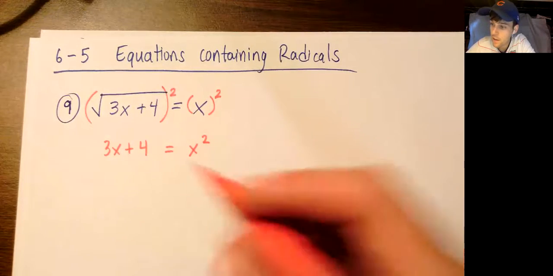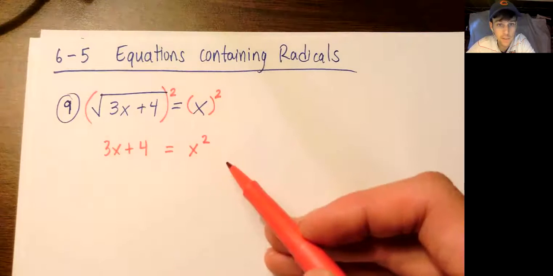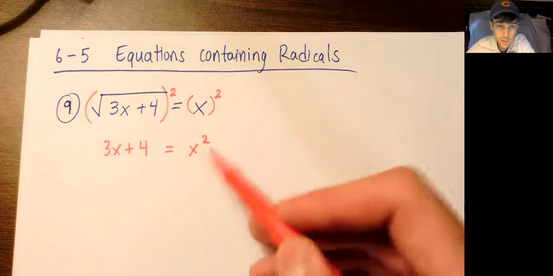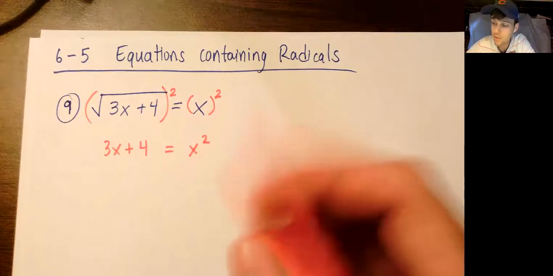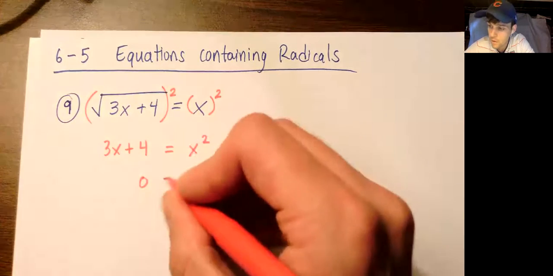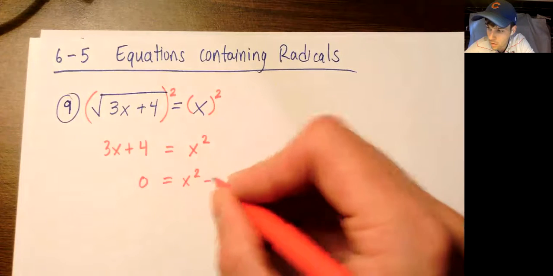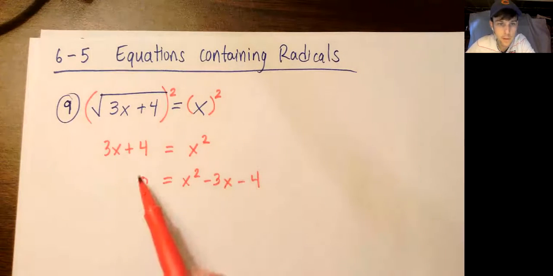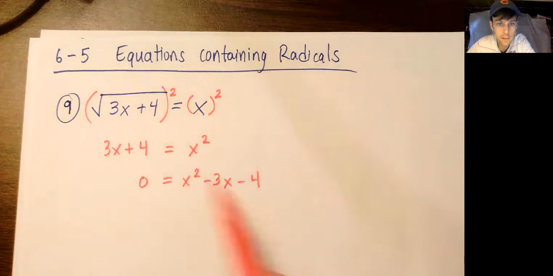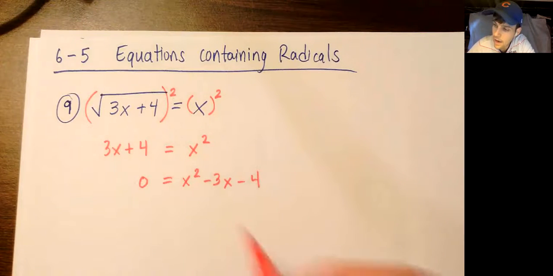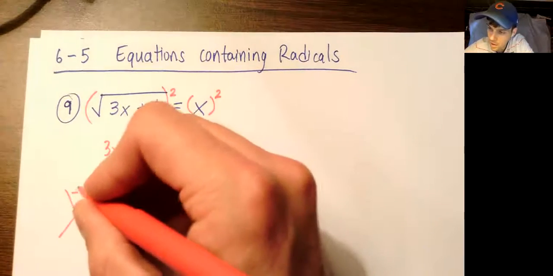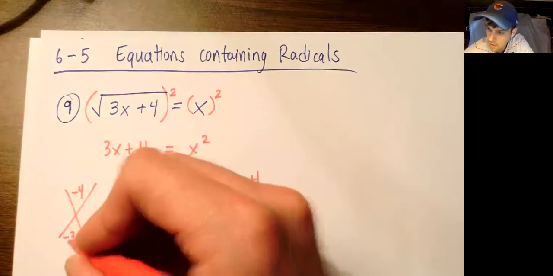All right. So now we need to solve this. This is kind of a regular quadratic. Since my x squared term's on the right, I'm just going to go ahead and move everything over to the right. Doing that, I've moved over the 3x and the 4. And now I need to factor this. I need two numbers that multiply to -4 and add to -3.